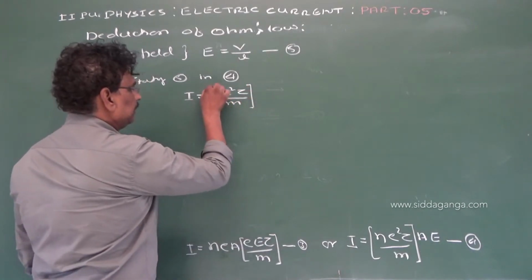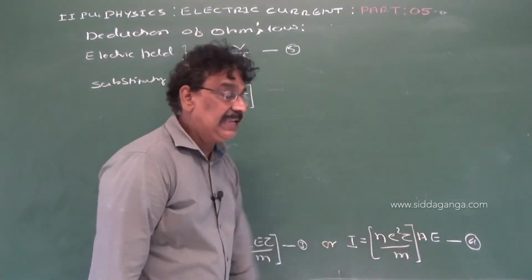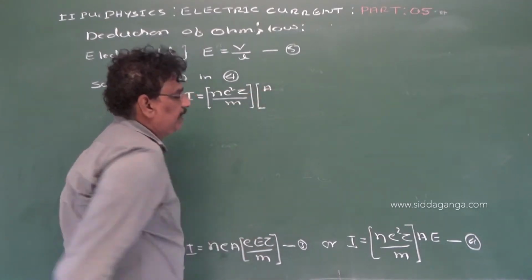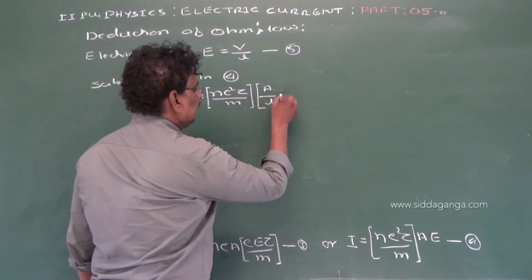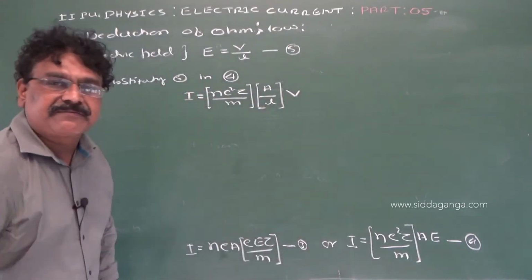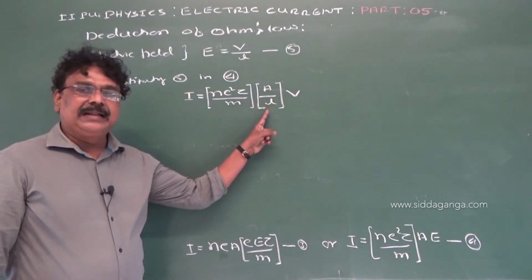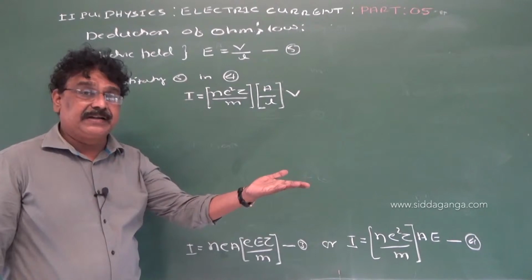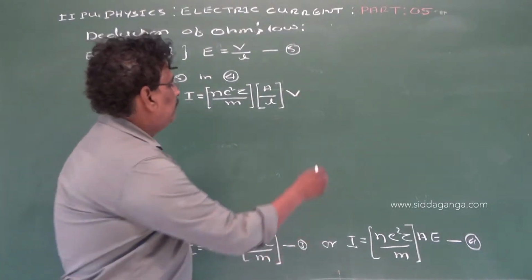These terms are taken inside a bracket. Now we are left with A, so I will take A by L inside the bracket into V, since E is equal to V by L. For a given conductor, area is constant and L is constant. A and L may be different for different conductors, but for a given conductor, A and L are constant.